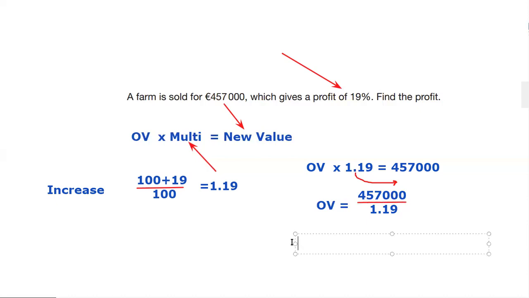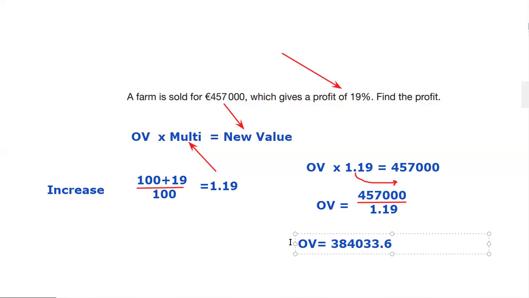Let's do the calculations. So the original value will be 457,000 divided by 1.19. And the answer is 384,033.6.